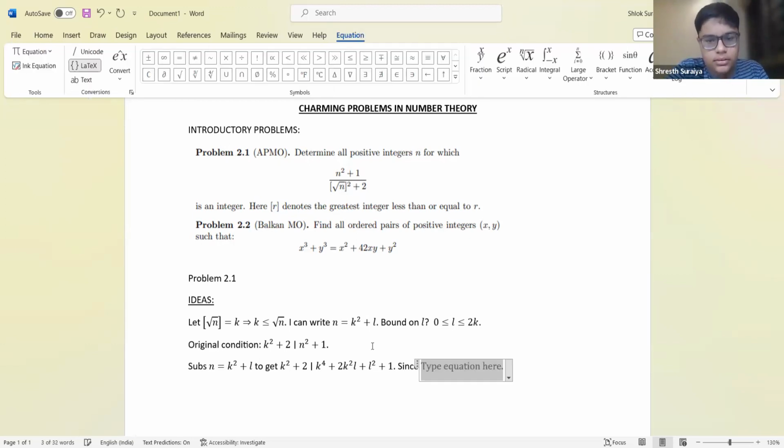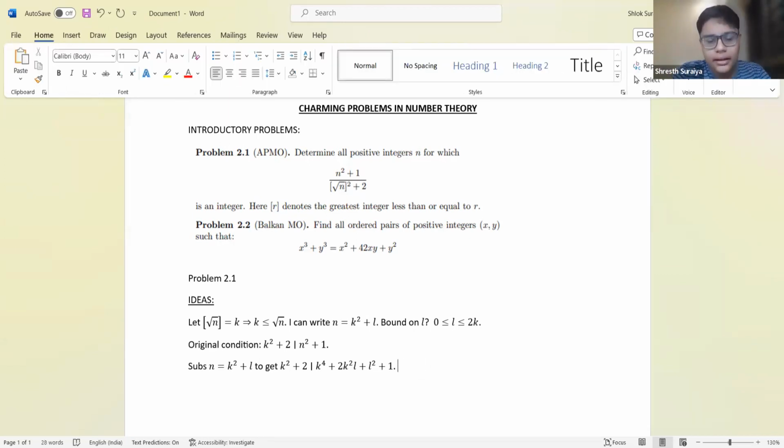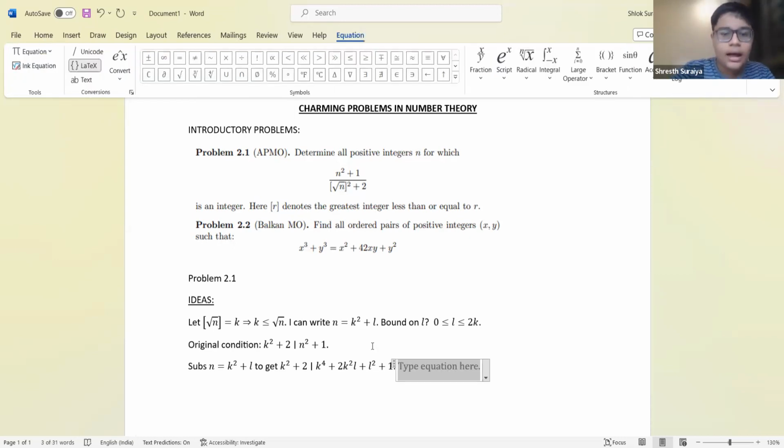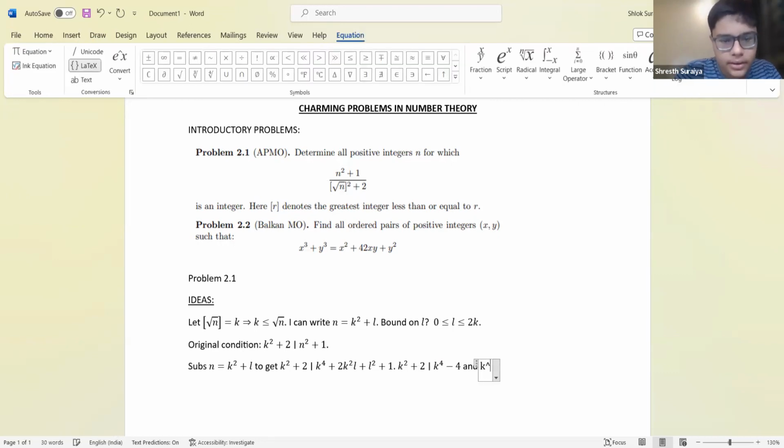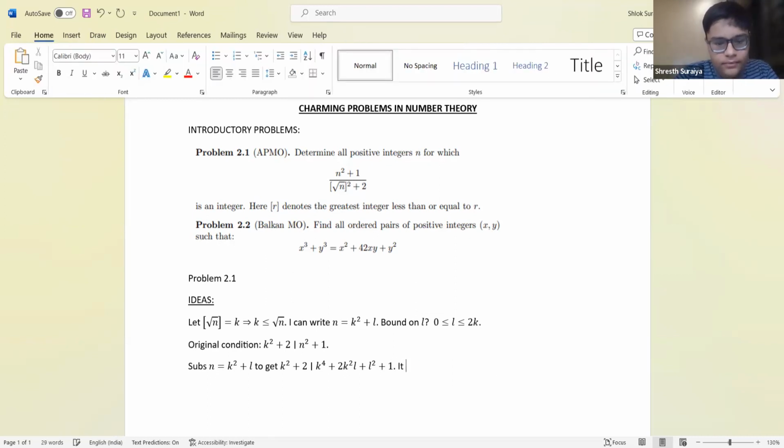In other words, I'm using the fact that k square plus 2 divides k to the power 4 minus 4, and k square plus 2 also divides k square plus 2.